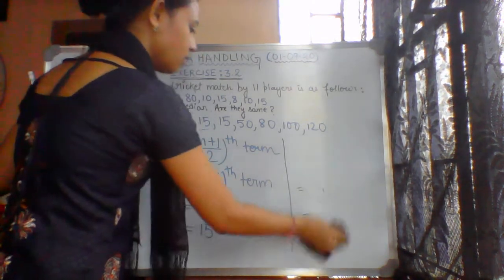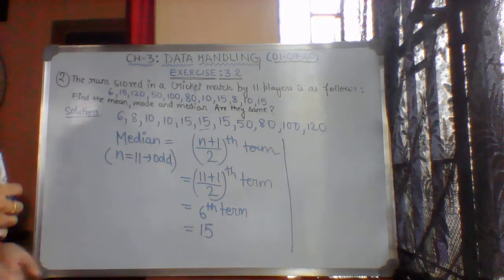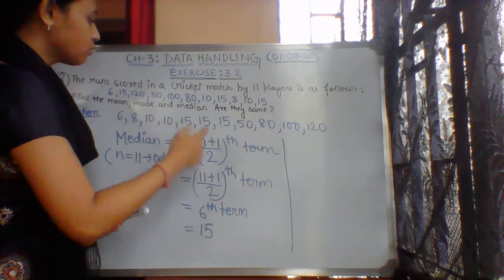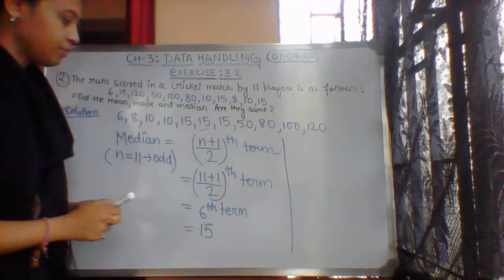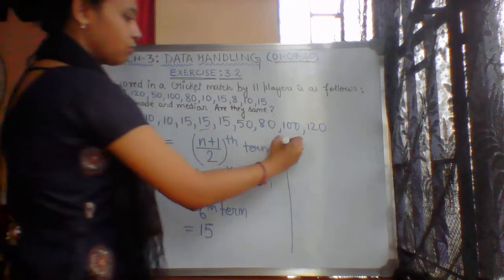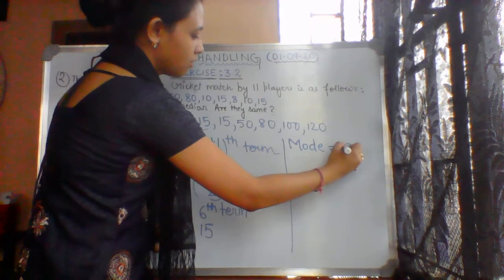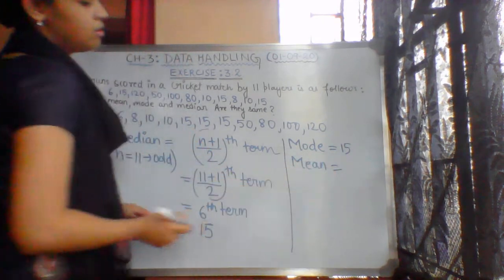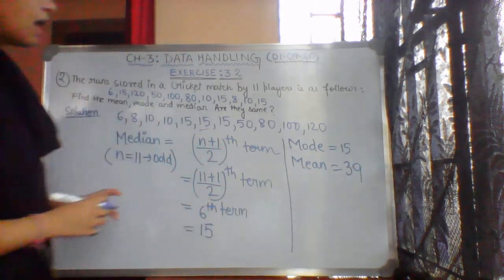So in this way, we are going to calculate the mean, median, and mode of another type of data. Before going to the next question, they have also asked, are they the same? So what is the value we get for mode? 15. What was the value for mean? 39. So are they the same?